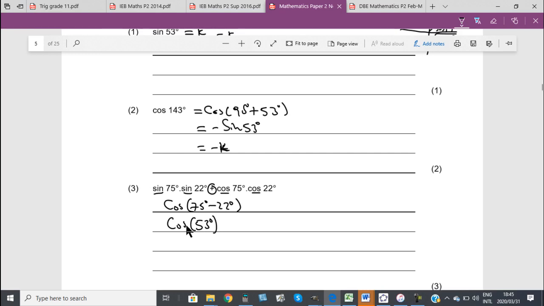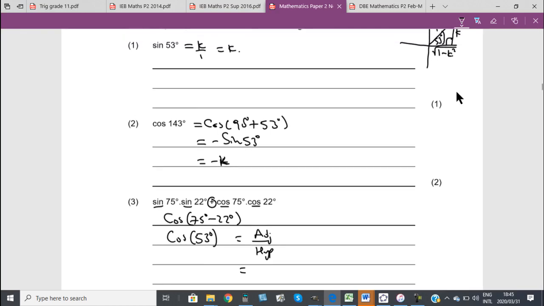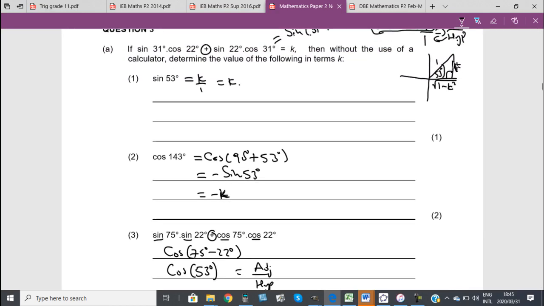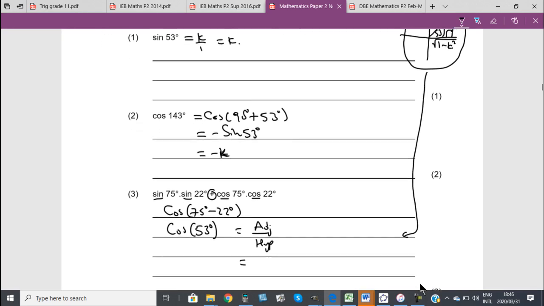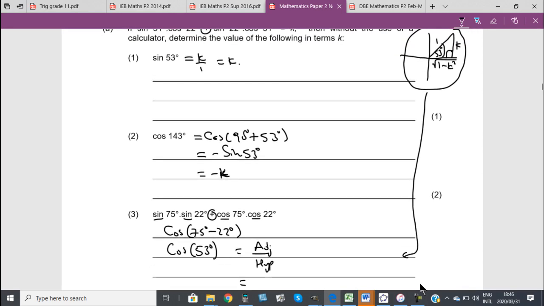And then from here, cos 53, remember cos is adjacent over hypotenuse, on some right angle triangle with that angle of 53. In this case, you need to take all this information and bring it there, because there's a mark for having that right angle triangle and your adjacent side.